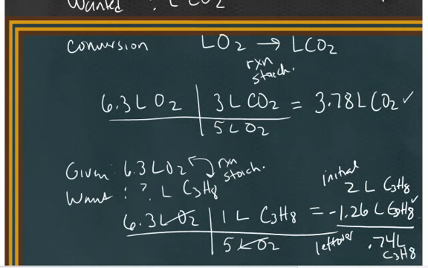So the total amount of gas left in the reaction vessel at the end is the product that was formed. There's no oxygen, it was all used up, and the leftover reactant.